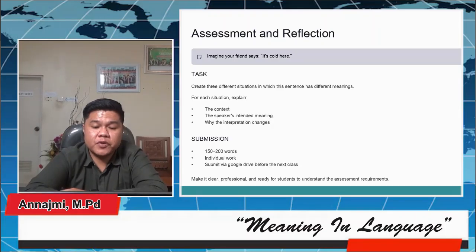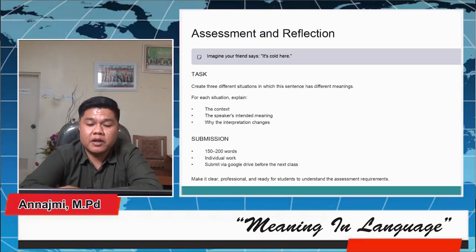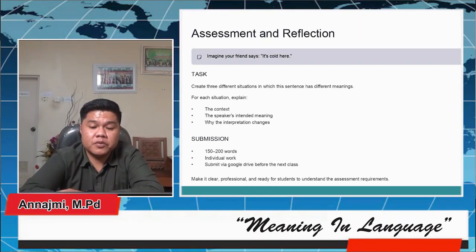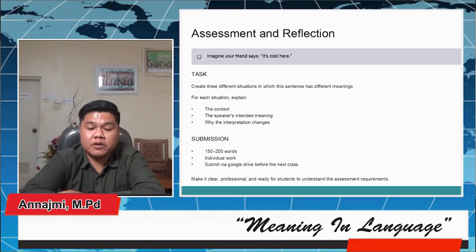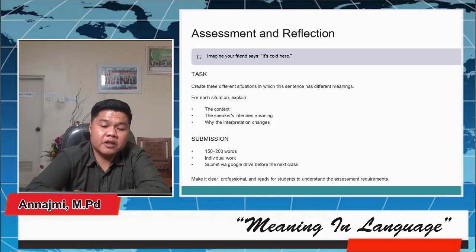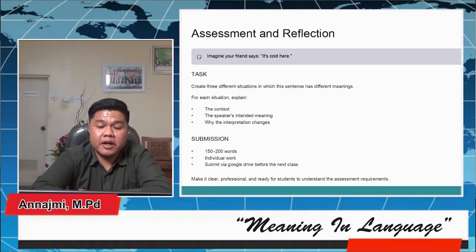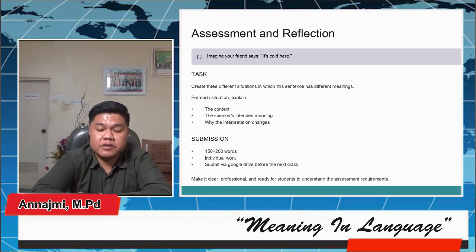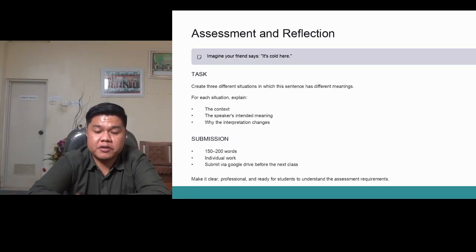Please write your response in approximately 150 to 200 words. Submit your work individually through Google Drive before our next class meeting. This activity will help you practice analyzing how context shapes meaning in real communication.